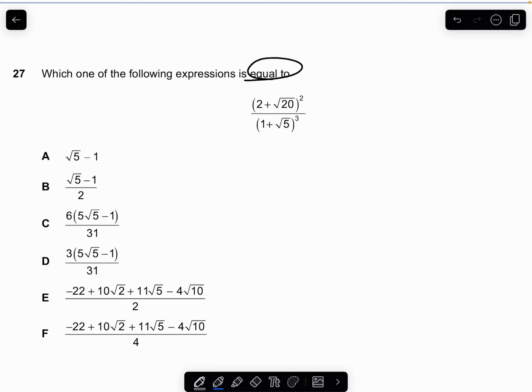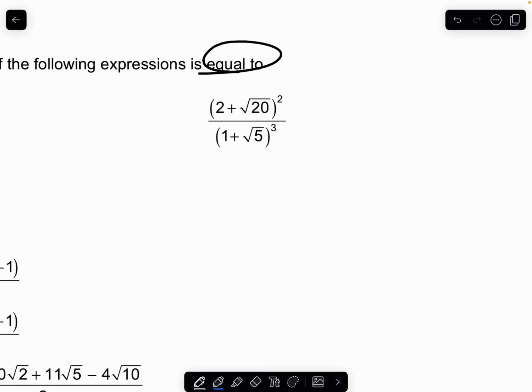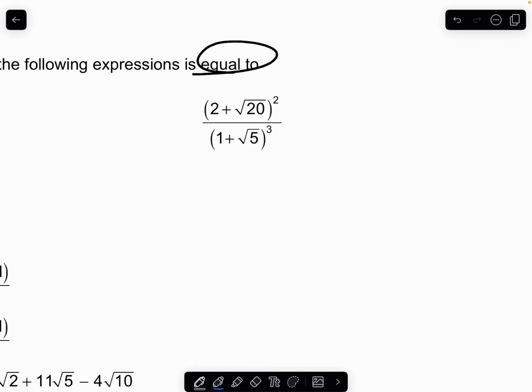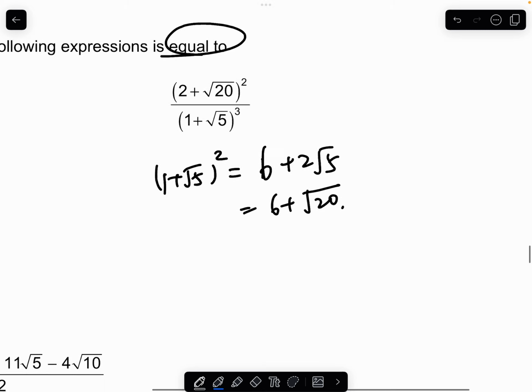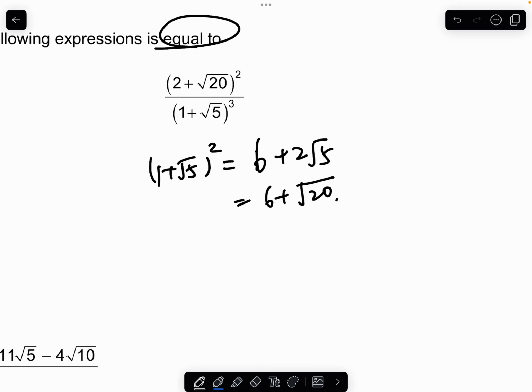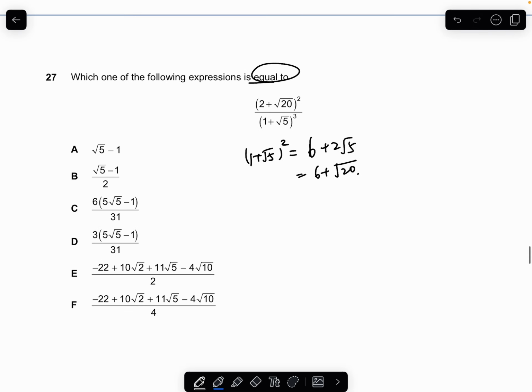To have a little guess about. So let me think. 1 plus squared equals. So this is very similar. Is there any similarity here?